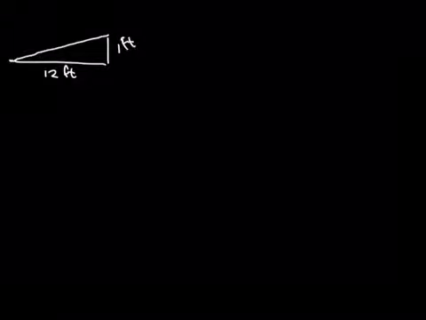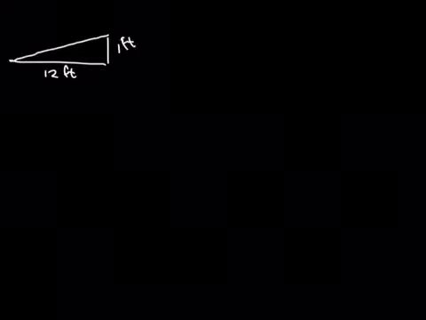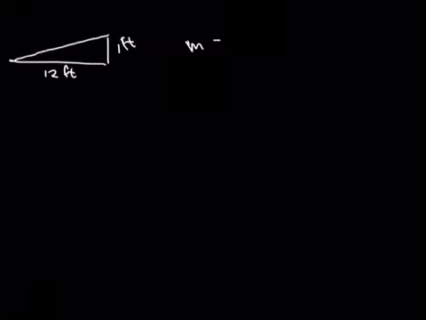And what are they asking? What is the grade or slope of such a ramp? We're using the slope formula, which is m equals y over x. What is my y? 1. What is my x? 12.